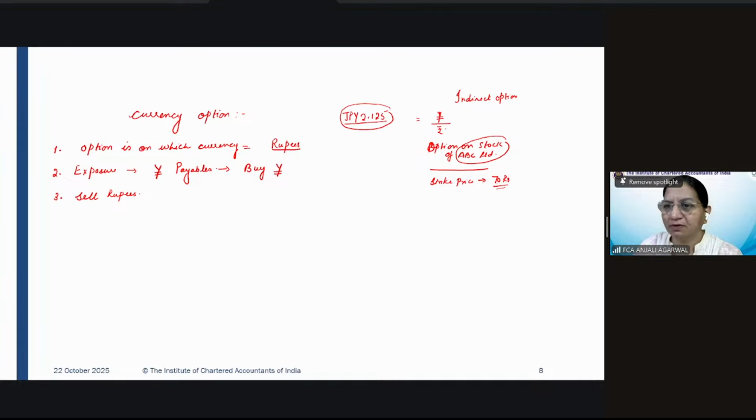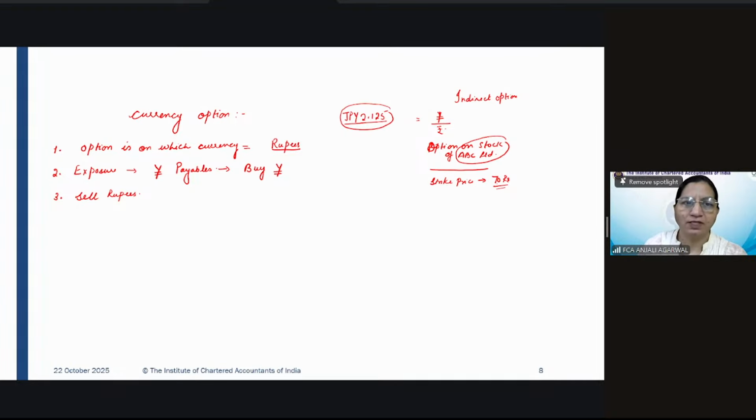So if the price is in rupee, the option would have been on yen. But if the price is in yen, the option is on rupee. Okay. So whatever the price, strike price is given, the option is on the other currency. If the option is on Japanese yen, the strike price would have been 0.50 rupee, 0.52 rupee, something like that.